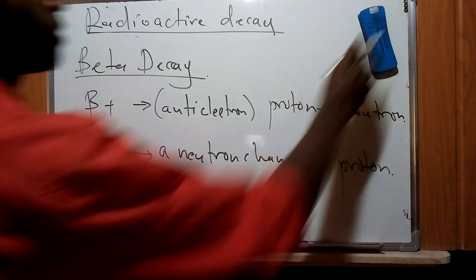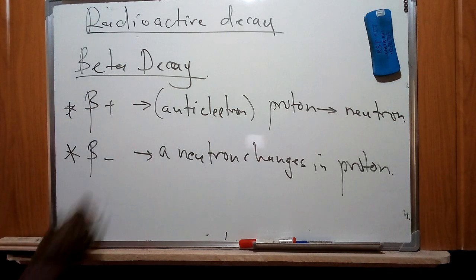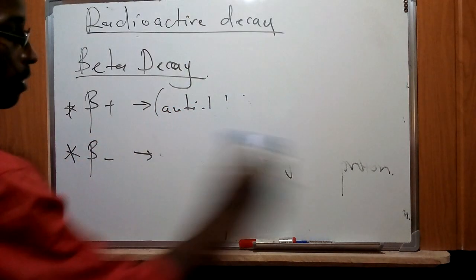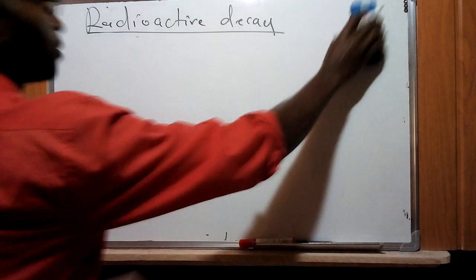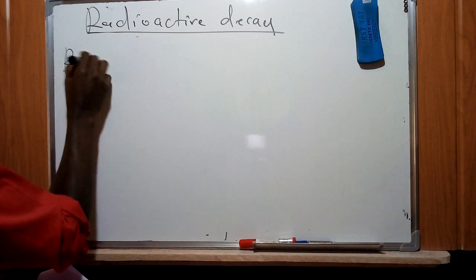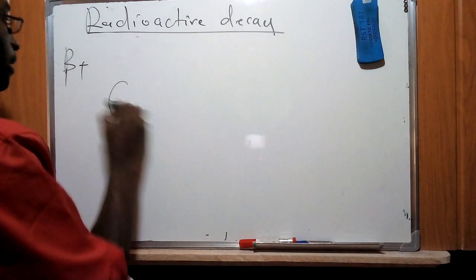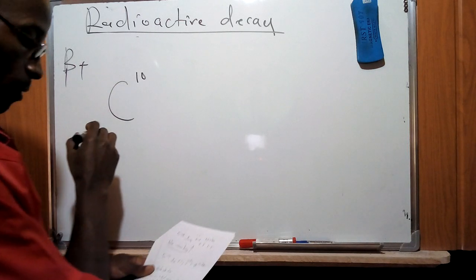Now I'm going to give an illustration for these two processes, for the beta decay, which is a radioactive decay process, so that we can have a better illustration of what those two processes entail. So the first one, for a beta plus decay, I'll have an element, this is carbon, with, of course, a number.